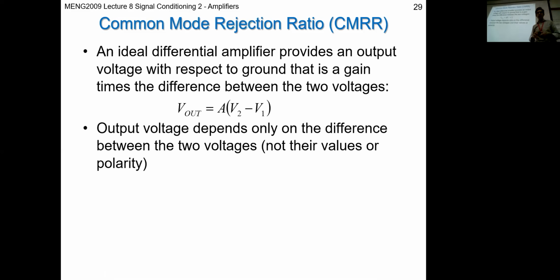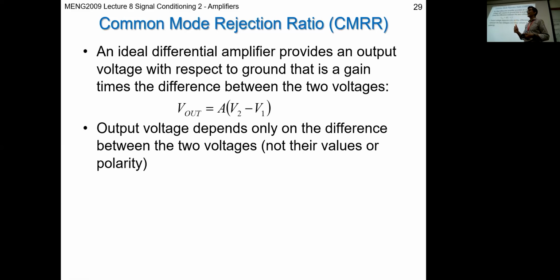But did you think about what happens if this is 0.1 and this is 0.08, versus what happens if this is 100 and this is 99.98? It's the same difference, the same delta, but the level is very different. Is the amplification effect going to be the same?